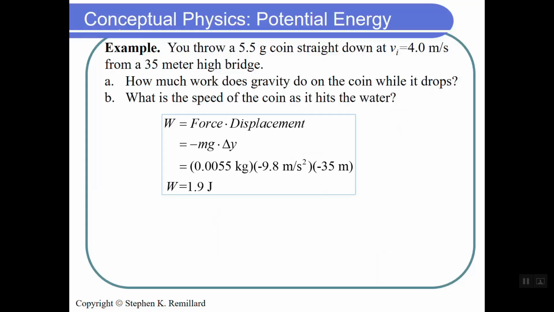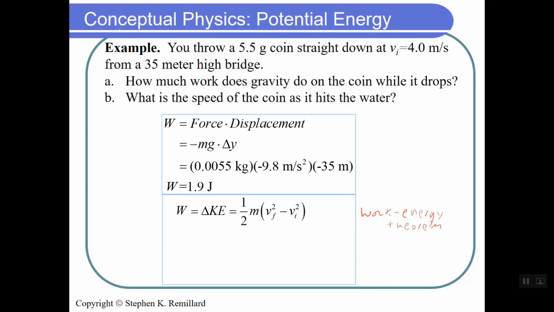And you get 1.9 joules of work done on the coin by gravity as it travels from your hand to the ground. 1.9 joules is the amount of energy that is added to the coin as it proceeds from your hand to the ground. That work is also the change in kinetic energy. That's the work energy theorem.